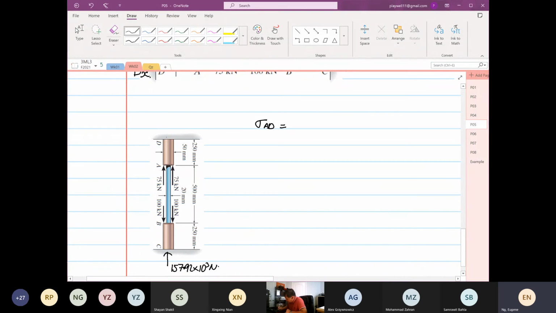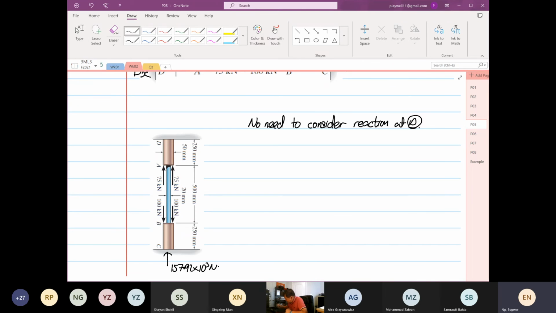You will not need to consider the reaction at point D. We calculated the reaction at point D, but you don't need to consider it, because if you consider it, it means you have to remove the load. So we just keep the fixture at point D.